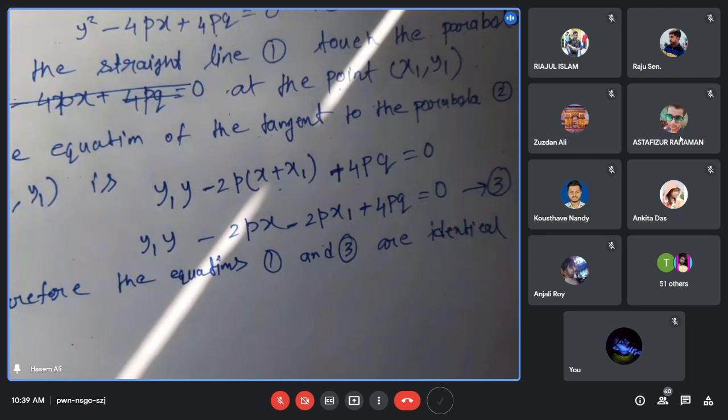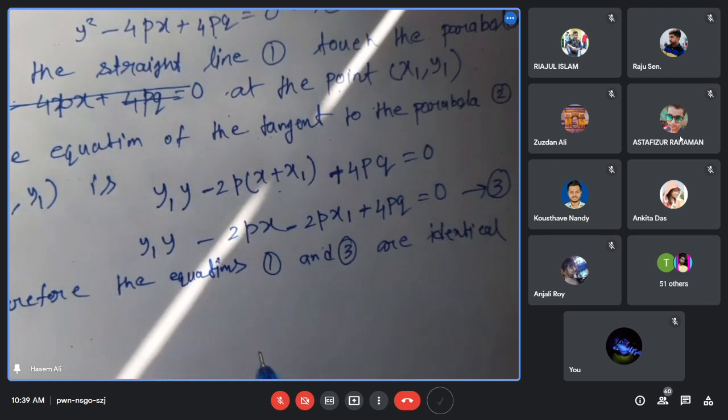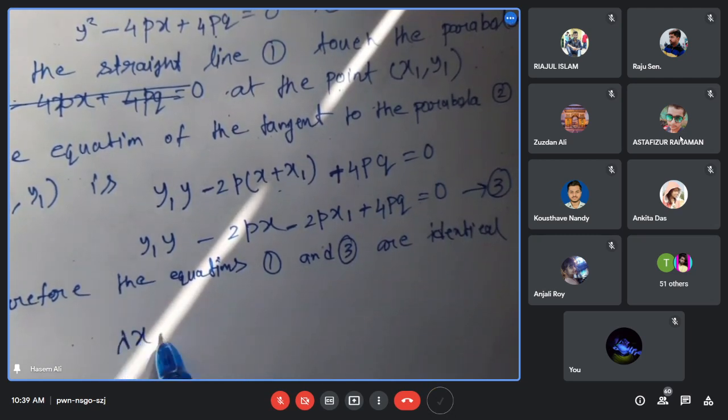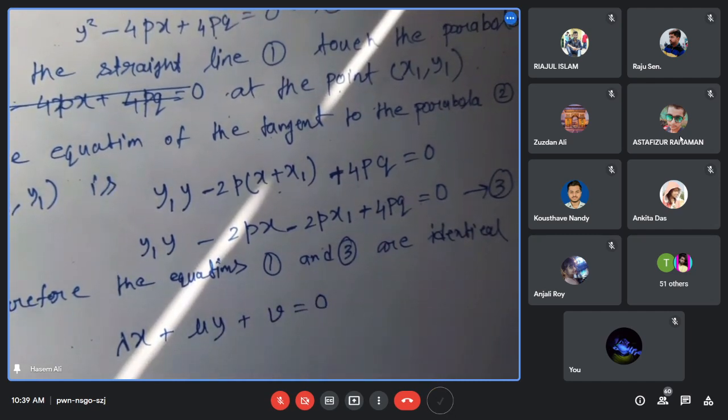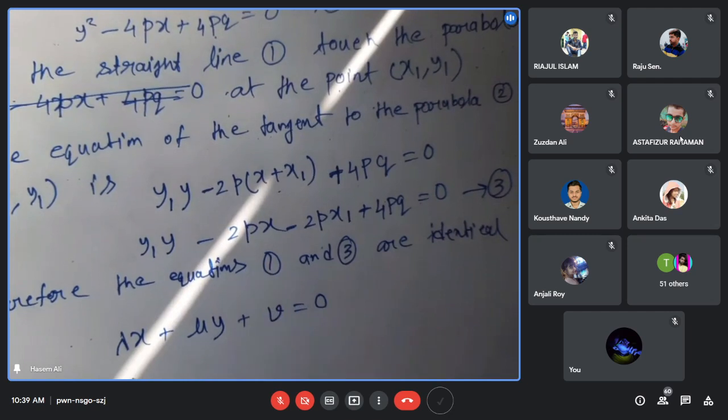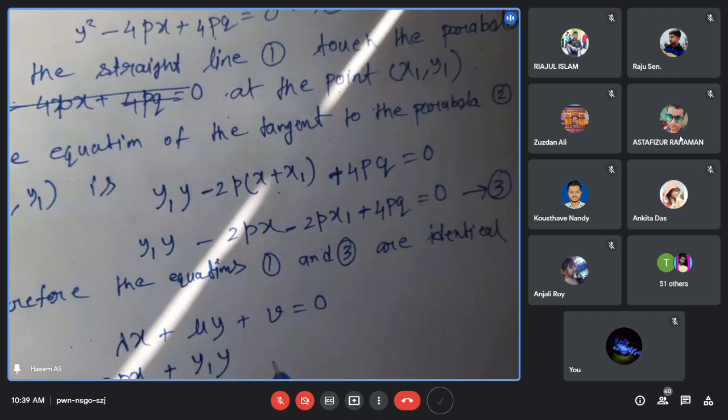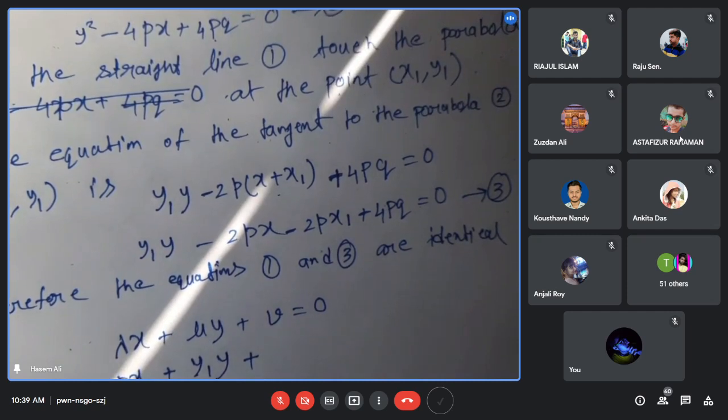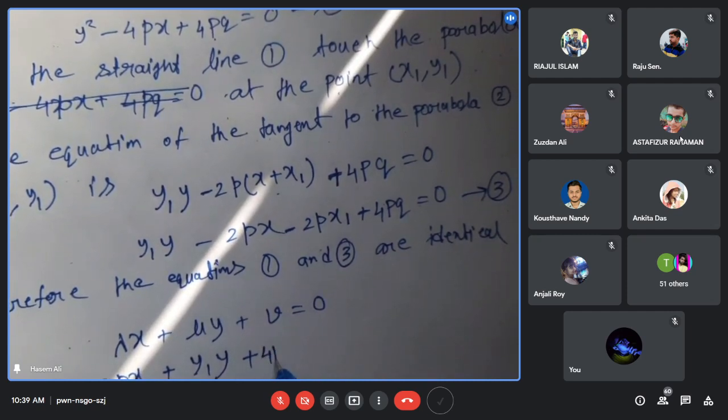So if we compare lambda x plus mu y plus v equals to 0 with y1 y minus 2px plus 4pq minus 2px1 equals to 0.